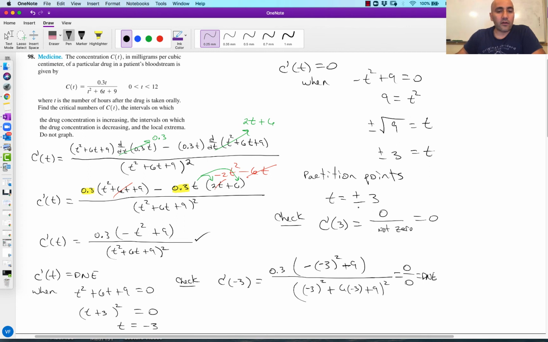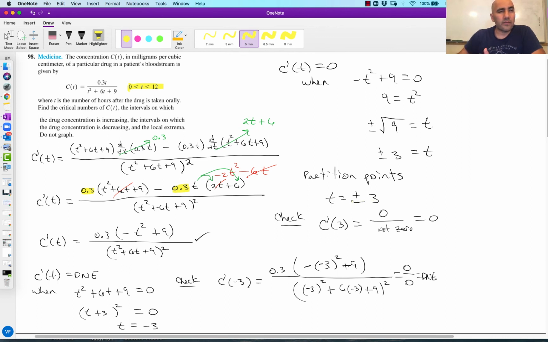Okay, so we found our partition points. Next, we want to find our critical values. Remember that a critical value is a partition point that happens to be in the domain of our function. And they told us that the domain of this function is from 0 to 12, right? t is in hours. So we're checking the concentration levels of this drug in the system for the first 12 hours after the point of injection. In the context of this word problem, negative 3 hours makes no sense at all.